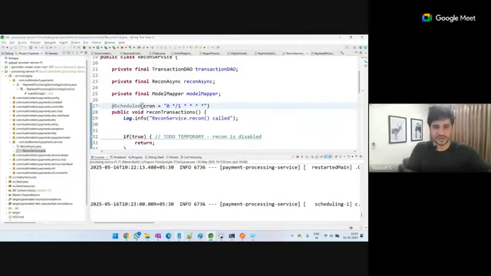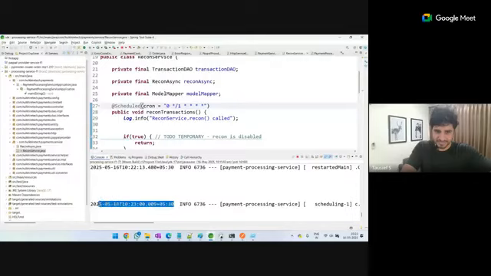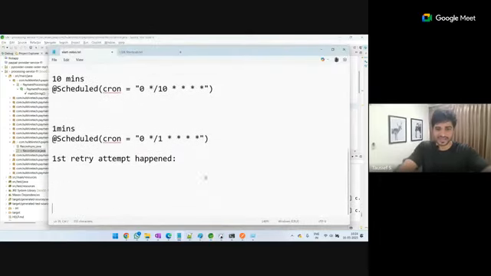So first, let's try to write a conclusion. The first retry attempt happened at this timestamp. Observe 16th of May 2025, this time. After the seconds, there are further millis and nanos, they have gone to that level.